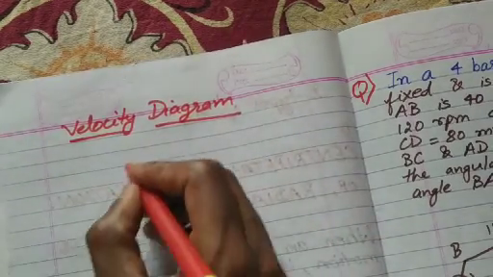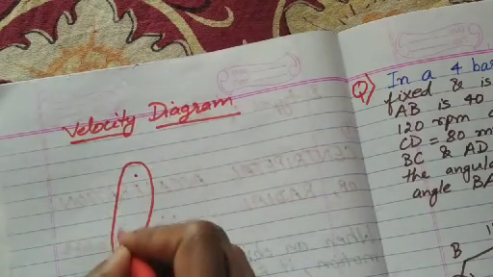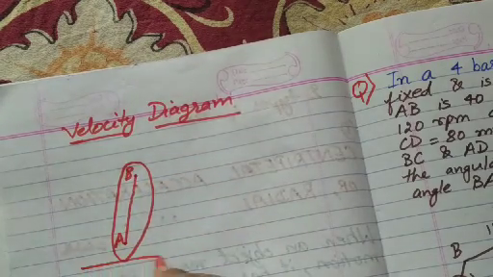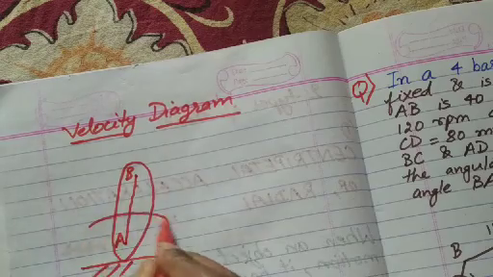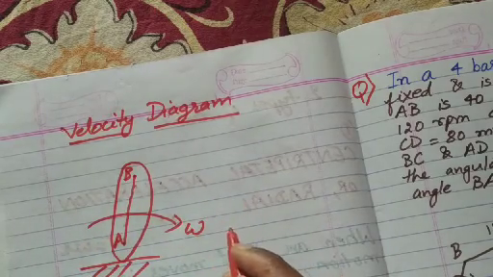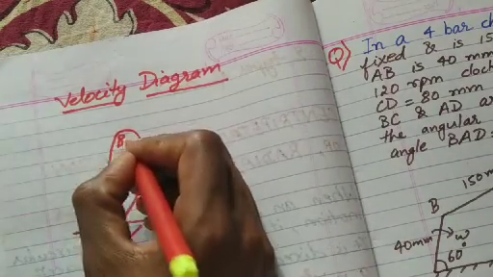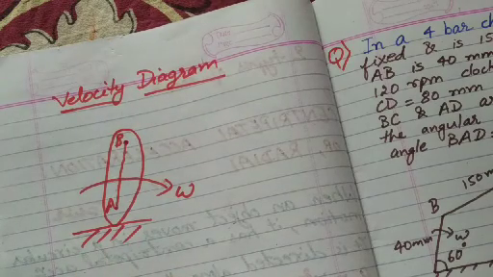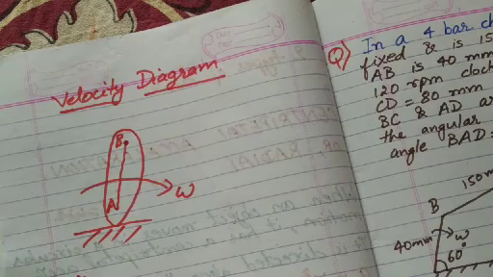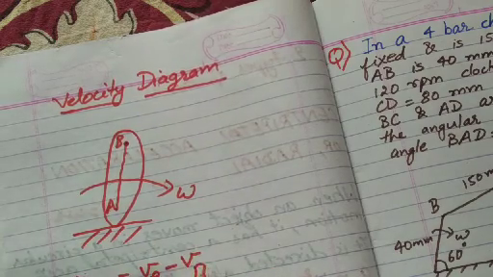Let this be a link, and these be two points A and B. If A is fixed, and the link rotates with angular velocity omega, then, as we have studied before in relative velocity, the velocity at point B with respect to A we write as V BA, meaning velocity of B with respect to A.